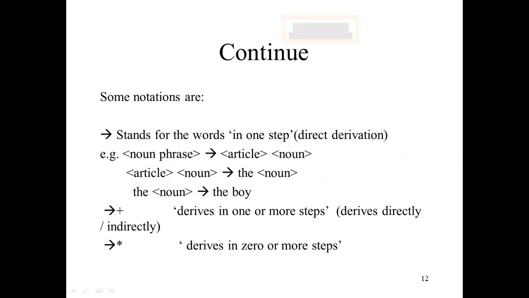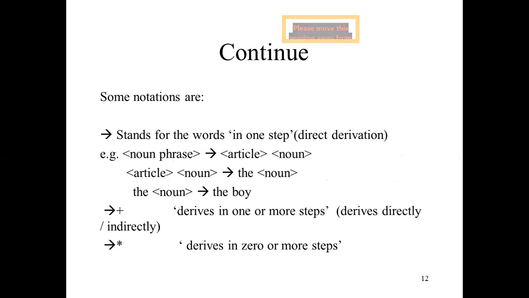So special symbols, special notations, arrow. What is this indicating? Arrow indicates that it happens in one step. It is a direct derivation. So why are we going to consider the arrow sign?